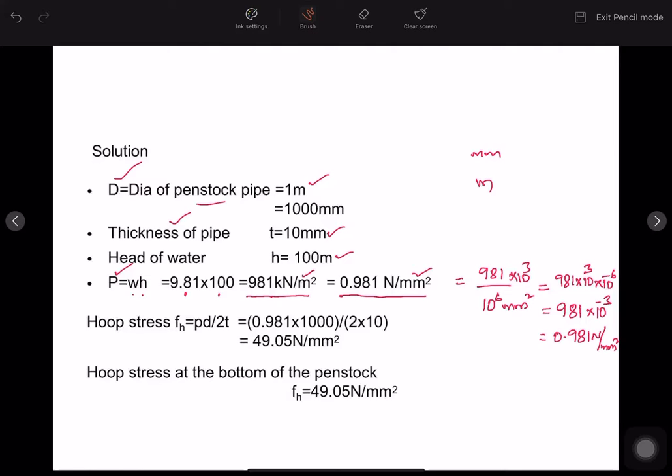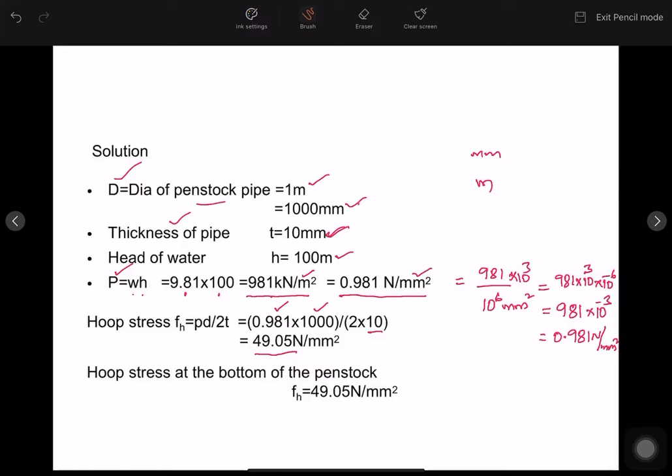Hoop stress is again P into D by 2 times T. So what is P? 0.981 into 1000 diameter by 2 times T, nothing but 10. So here we'll get a value of 49.05 Newton per mm square.